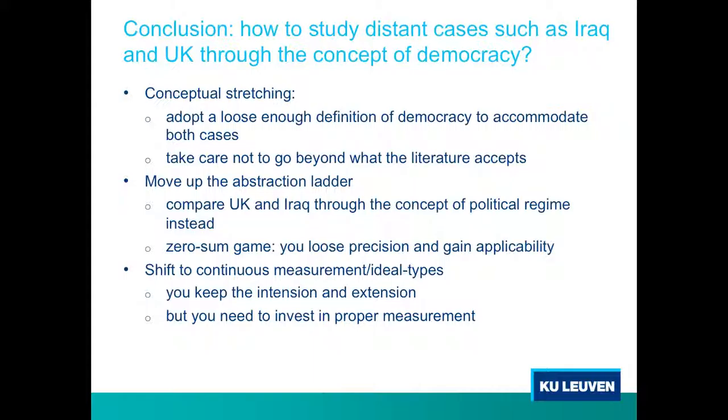quite distant cases. A better option is to move up the abstraction ladder. It implies that you don't compare UK and Iraq through the concept of democracy anymore, but through a more abstract concept. More abstract means a concept with less intention and more extension. Such a concept could be the one of political regime.